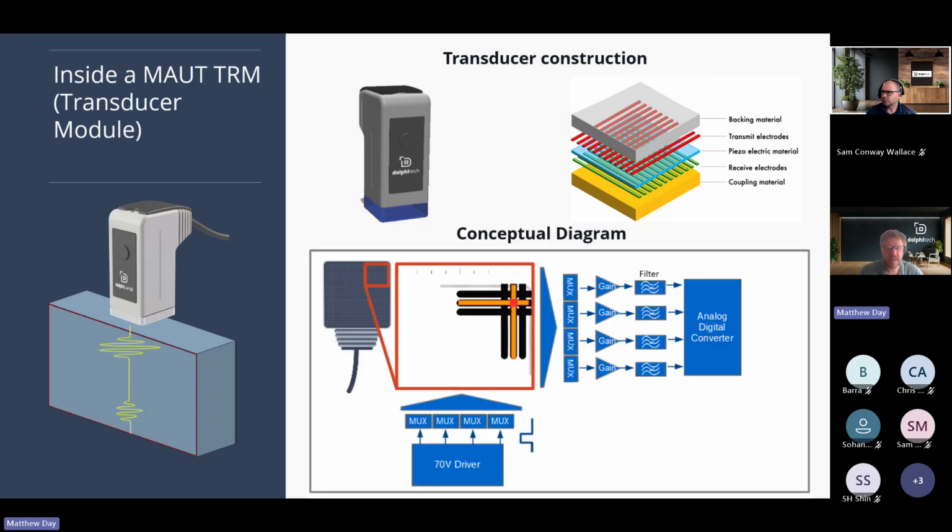In essence, how we do that is everywhere that the transmitting and receiving electrodes intersect or cross is where we ultimately generate an ultrasonic A-scan data point.